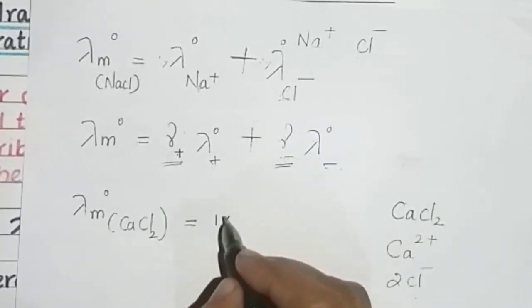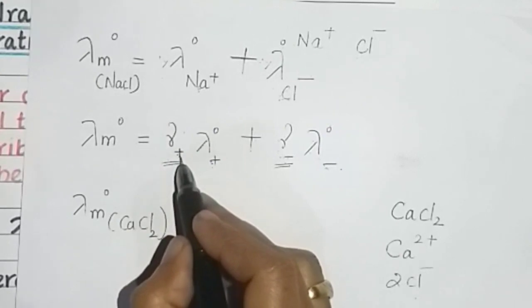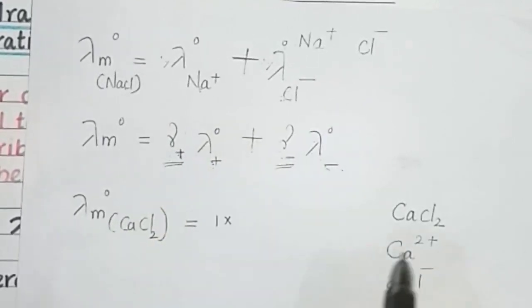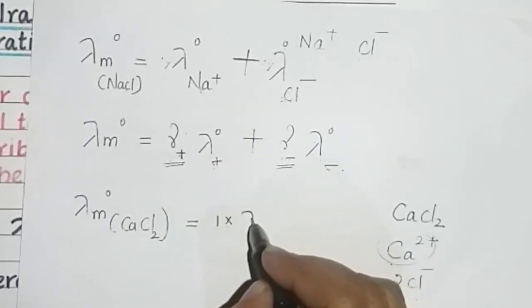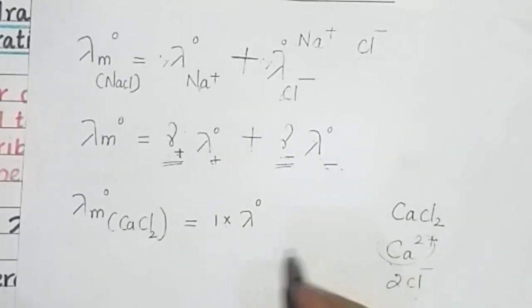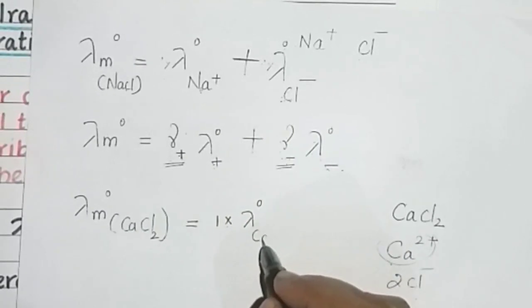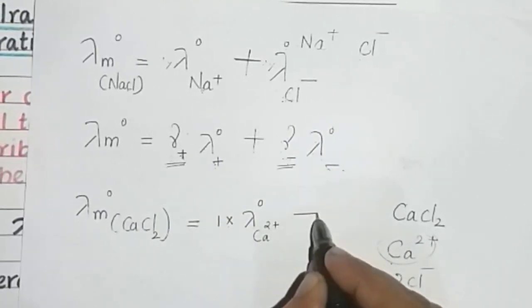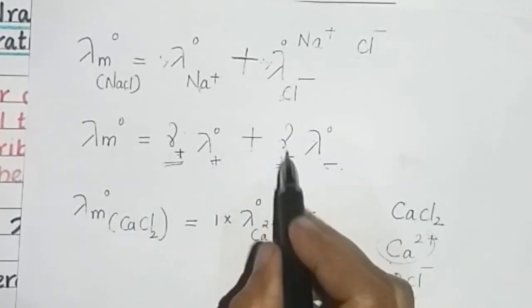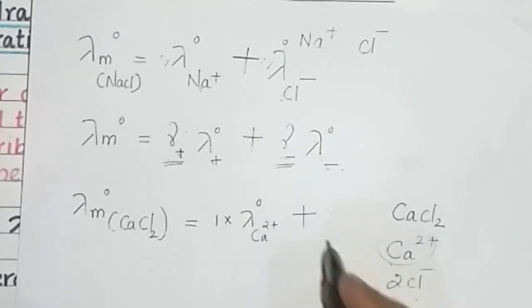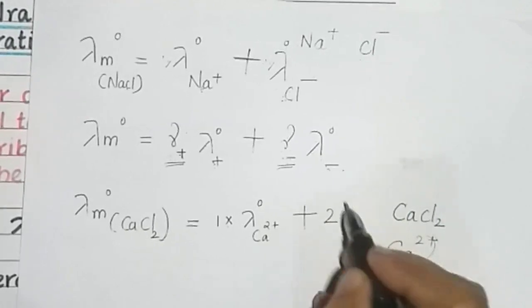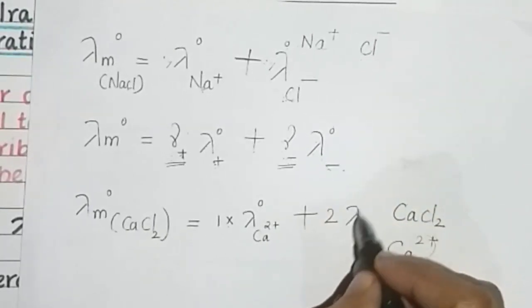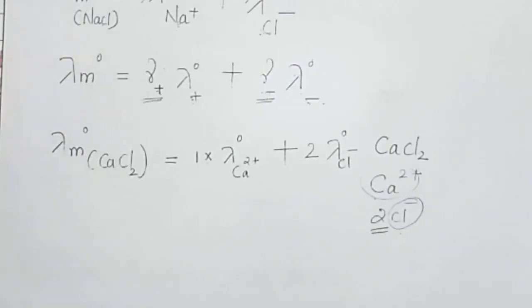So nu positive, the number of cations, is 1, so 1 into lambda 0 of Ca2 plus. Nu negative means the number of anions. Here the number of anions is 2 Cl minus ions, so 2 into lambda 0 of Cl minus ions.